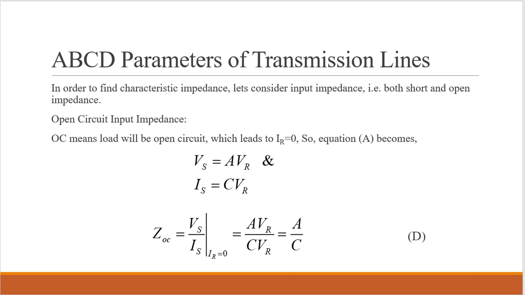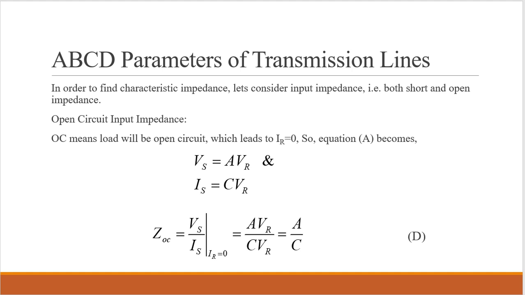Therefore, from the equations, Vs is equal to AVR and Is is equal to CVR, because the B and D parameters, or we can say the parameters that involve the receiving end current, will become 0 as the load is open circuit.